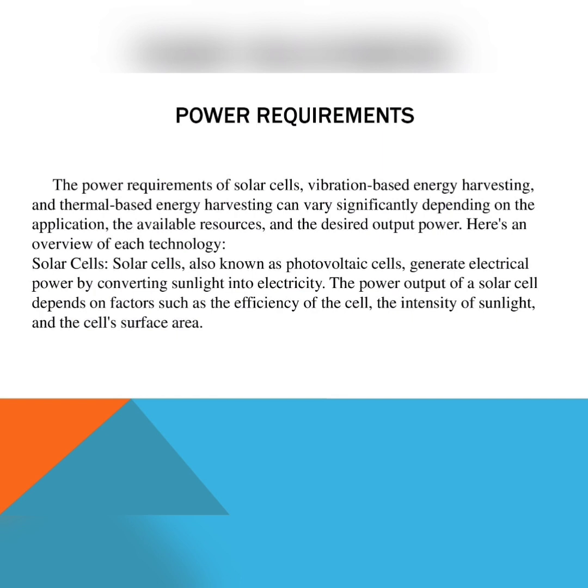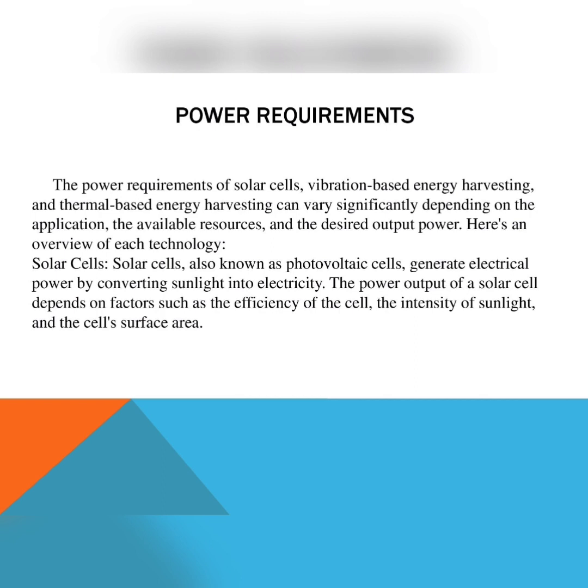First one is solar cell. Solar cells convert sunlight directly into electricity. The power output of a solar cell depends on various factors, including the surface area of the cell, the efficiency of the cell, and the intensity of sunlight falling on the cell.